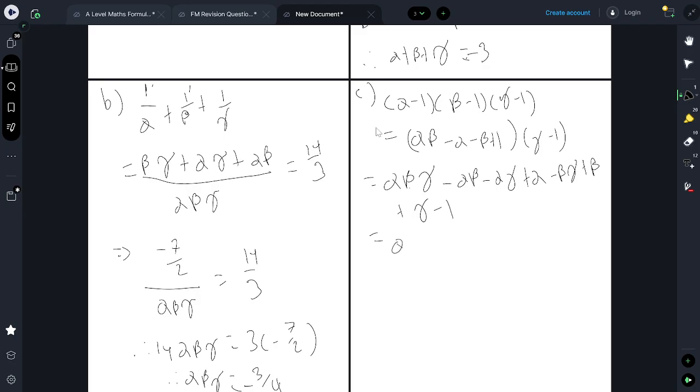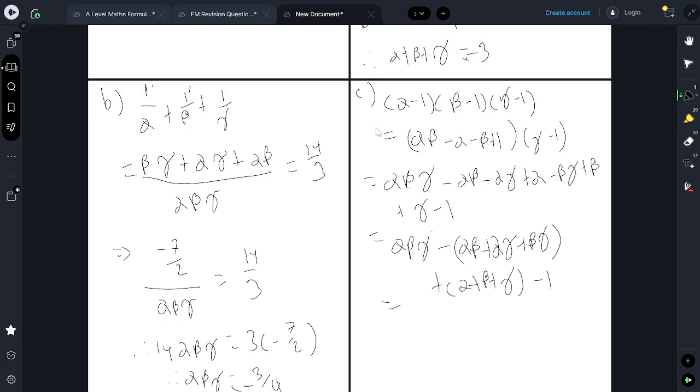So let's rewrite this. Alpha beta gamma, minus alpha beta plus alpha gamma plus beta gamma, plus alpha plus beta plus gamma, minus 1.